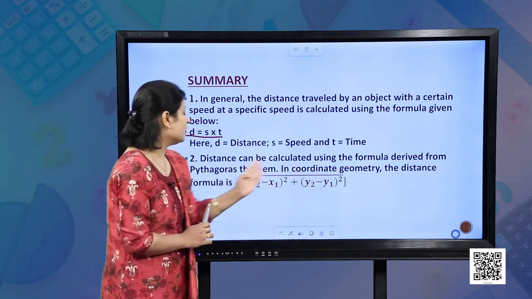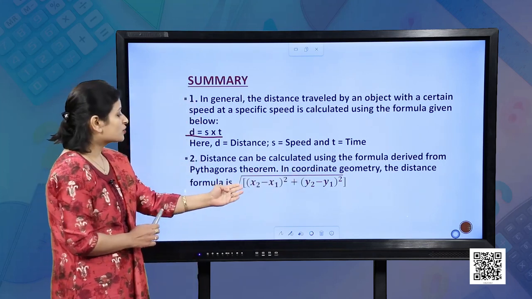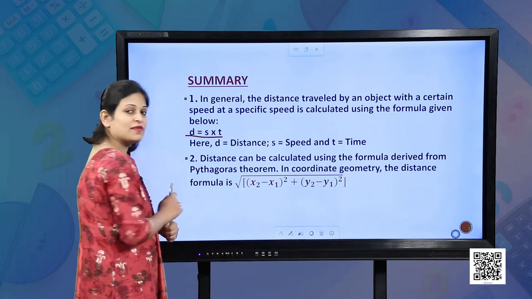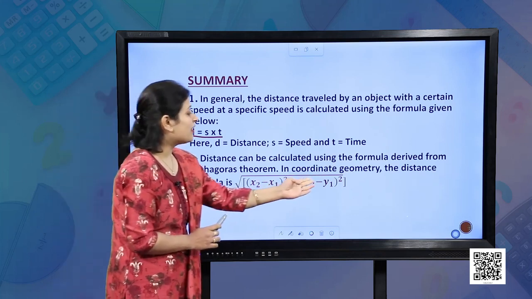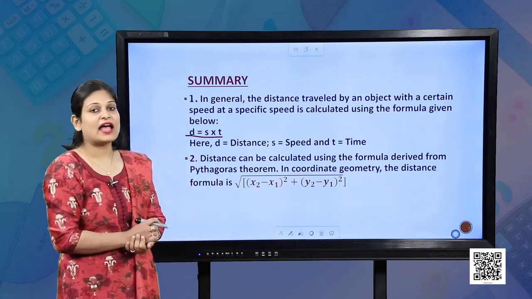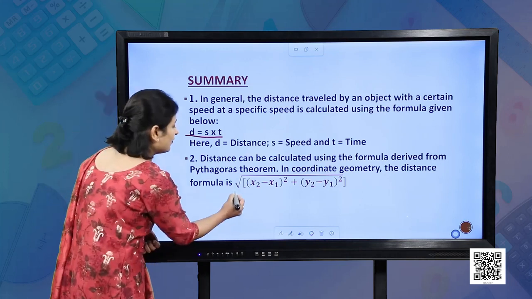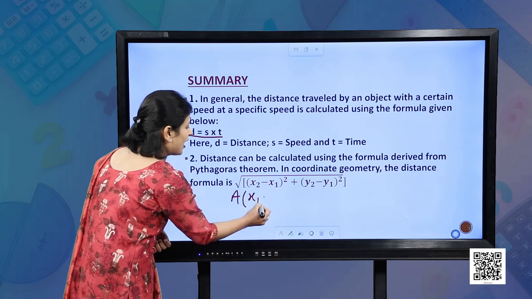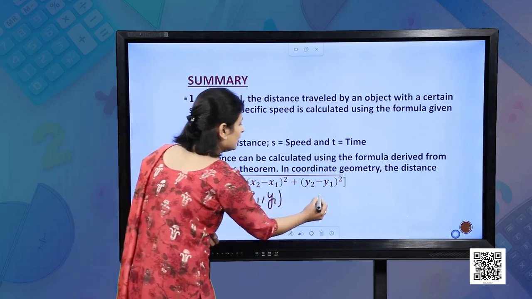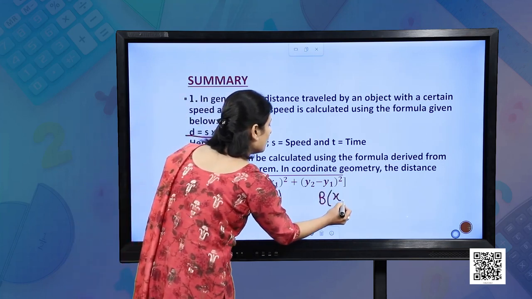The distance formula is square root of x2 minus x1 whole square plus y2 minus y1 whole square, as we have considered point A as x1, y1 and point B as x2, y2.